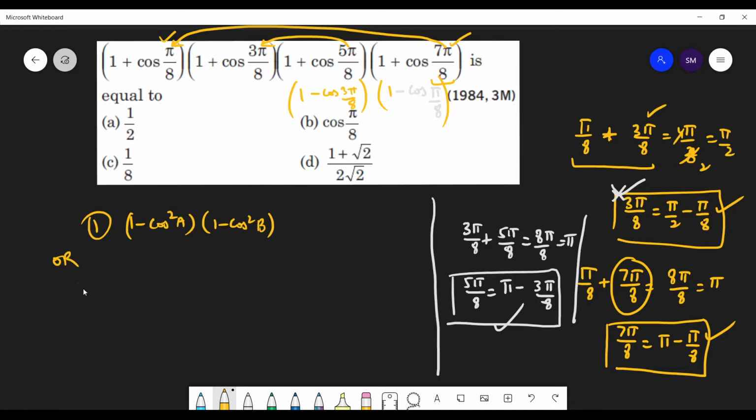Another way will be what? You will be changing all of them into pi by 8. That can also be done. So this is 3 pi by 8, and 3 pi by 8 can be written as pi by 2 minus pi by 8. So cos of this, what will you get?